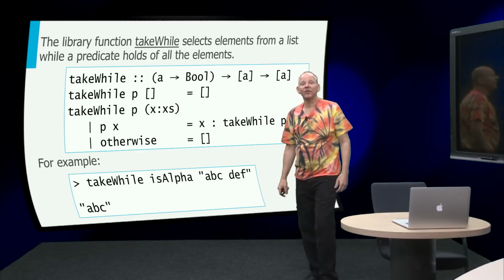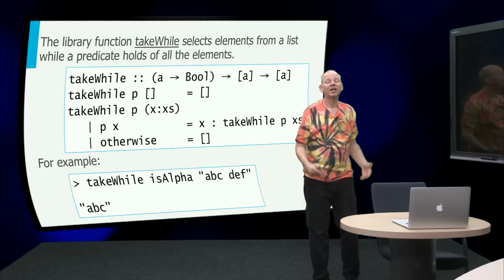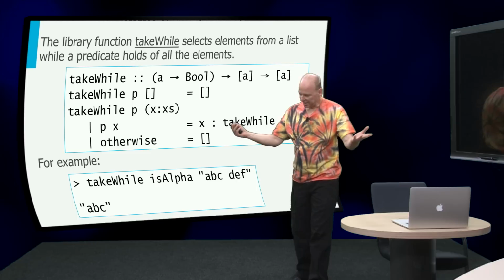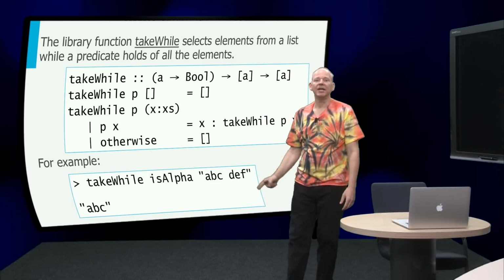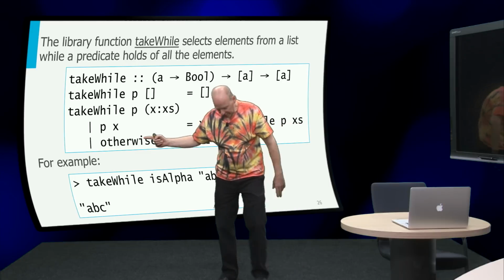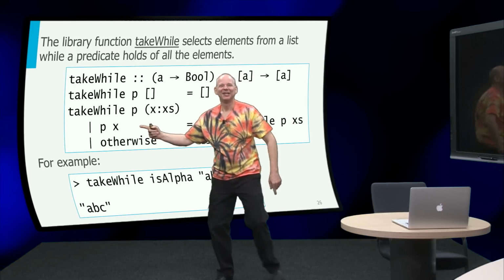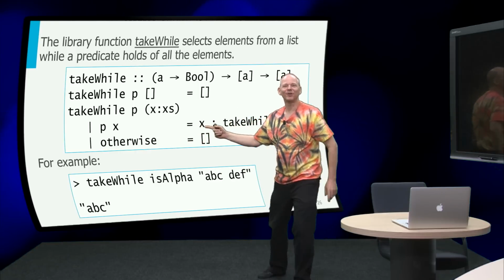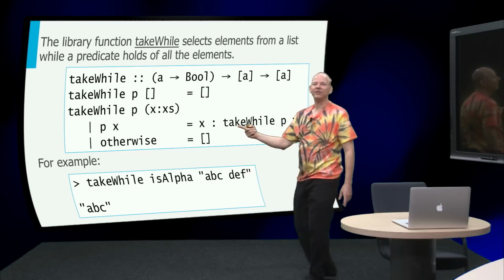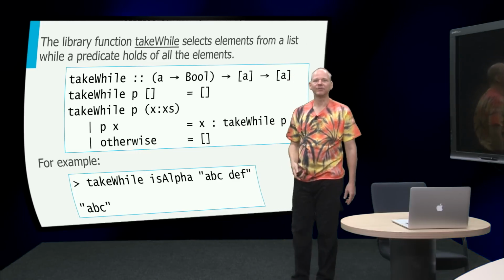In case we have a non-empty list, it looks like this, x cons xs, and now we have two cases. Either P of X does not hold, in which case we terminate the recursion by returning the empty list. And if P of X is true, then we cons X onto the recursive call of takeWhile P xs.